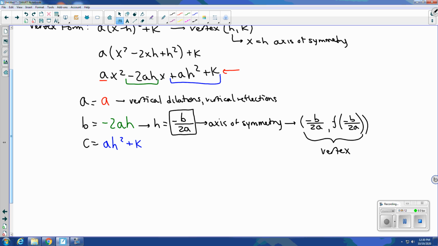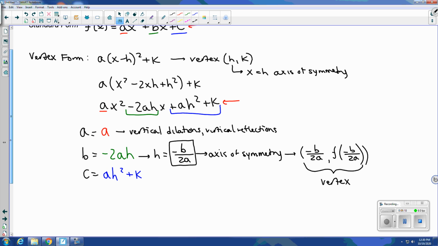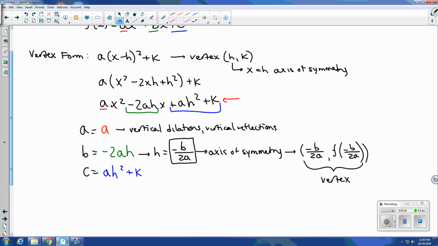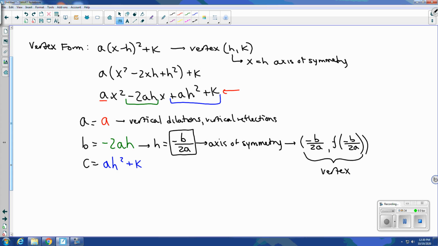So a lot just happened there. We were able to define b by drawing a parallel from the standard form to the expanded vertex form. We found out that b is negative 2ah. And what we know about h from the vertex form is that it represents the axis of symmetry. So solving for h will reveal a formula that allows me to calculate the axis of symmetry given standard form.